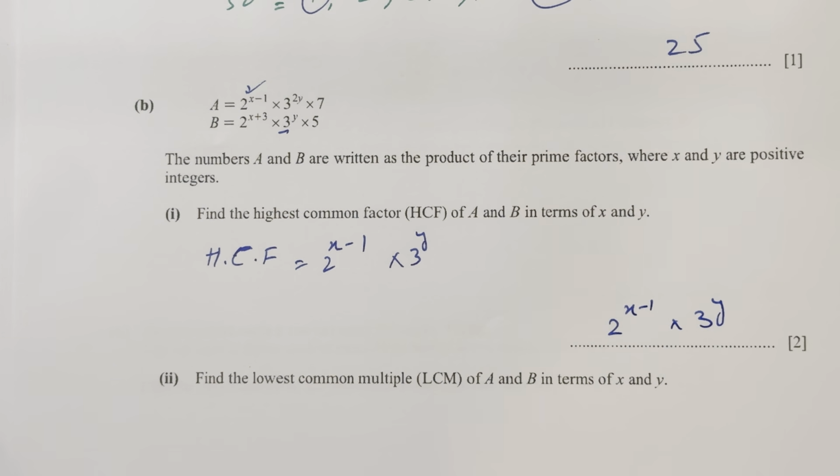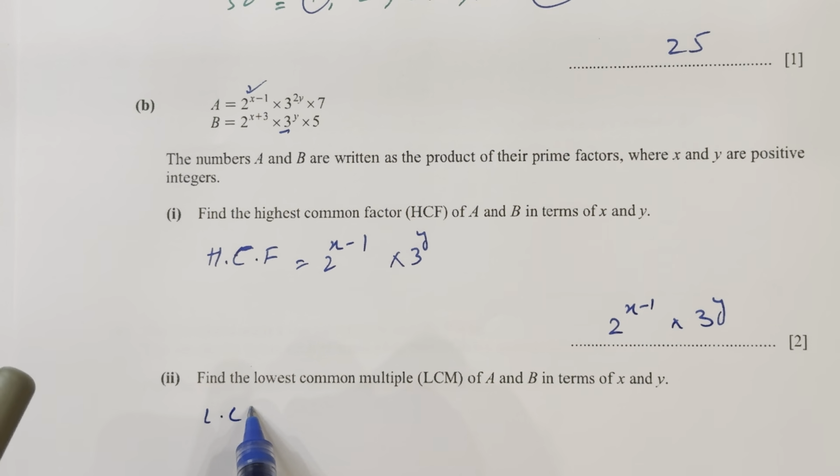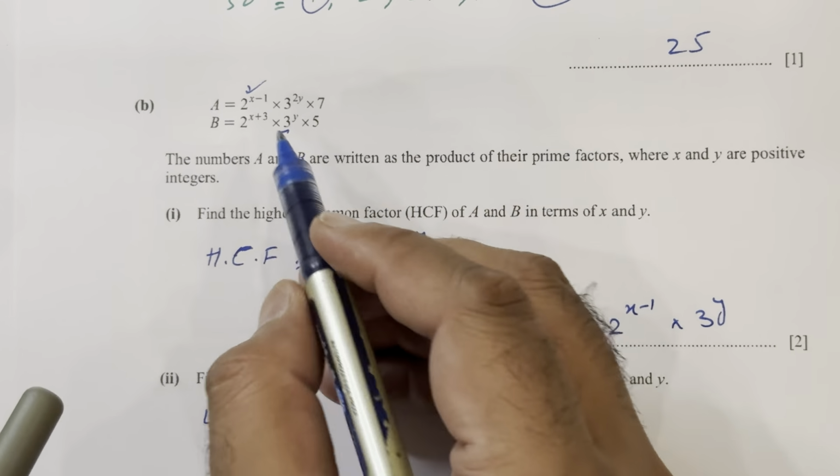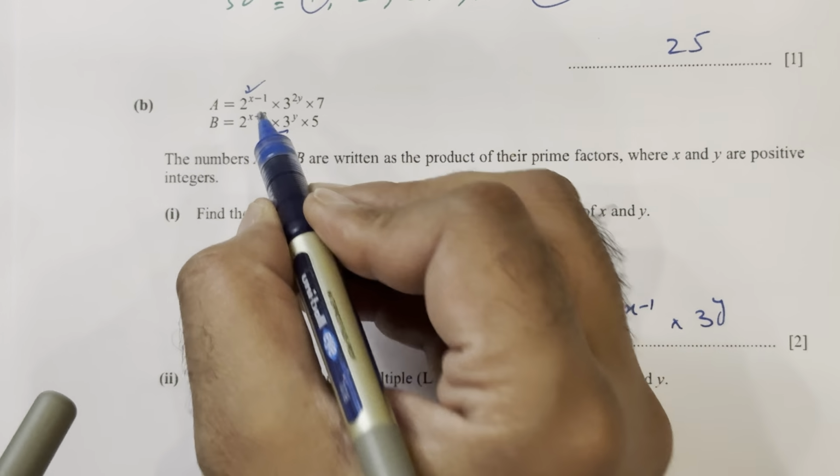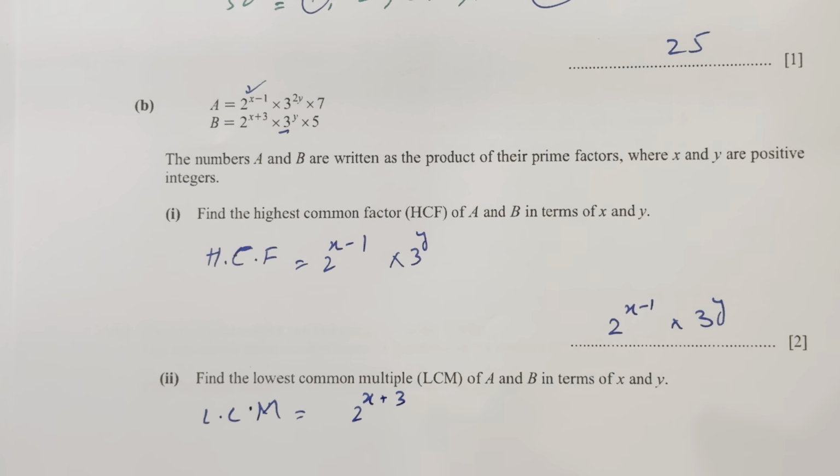For the next part, we have to find the LCM, and for LCM we have to take the reverse. We need to take the highest power between 2, and the highest power is 2 raised to x plus 3, and the highest power of 3 is 3 raised to power 2y, and we have to write both 5 and 7 for the case of LCM.